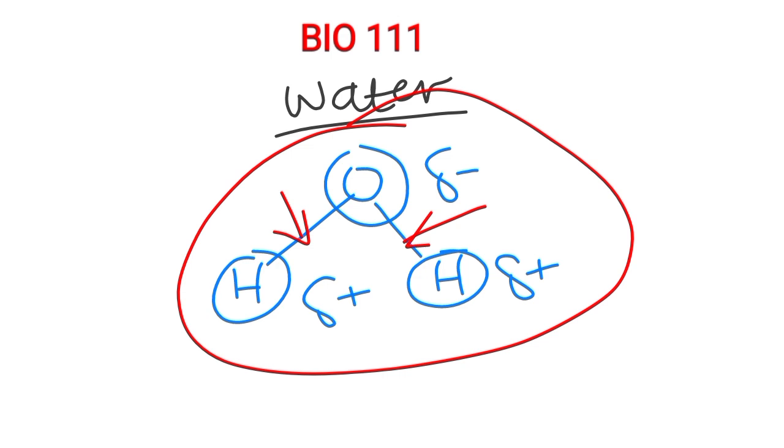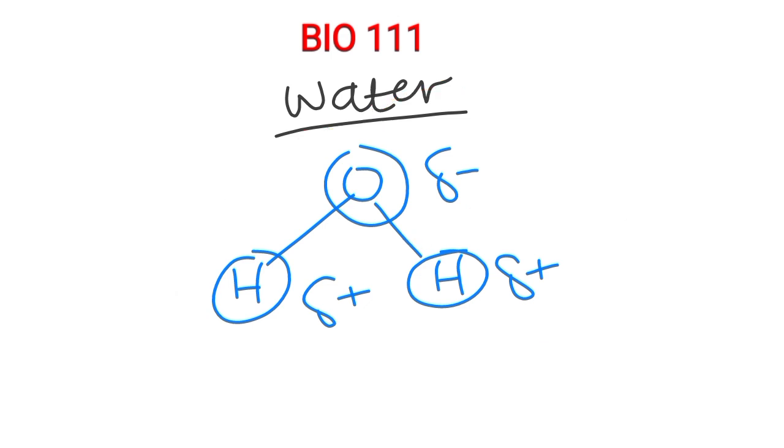The whole of that is a covalent molecule. We are sharing electrons between hydrogen and oxygen. Since these electrons are not shared equally, we term that a polar molecule.